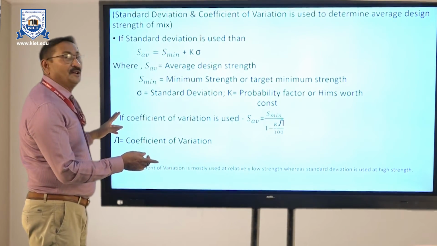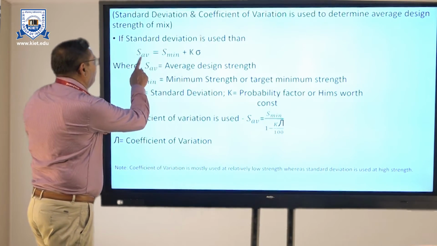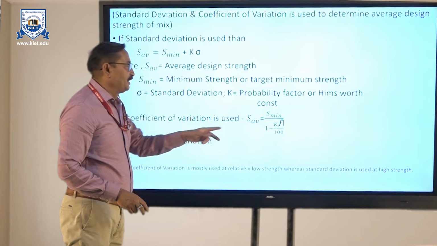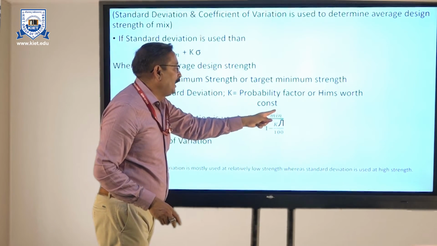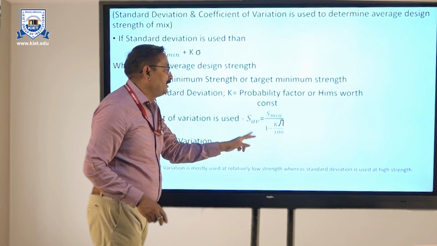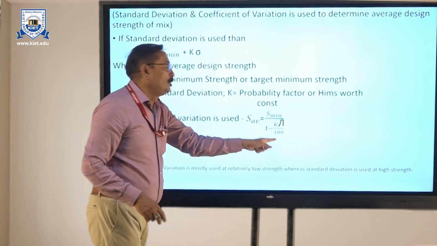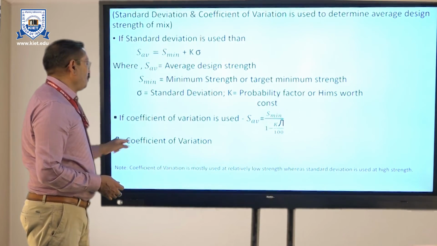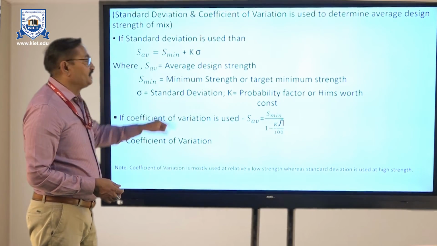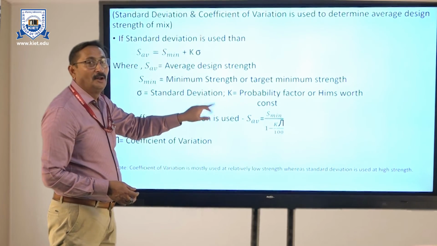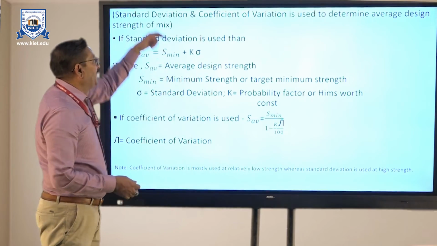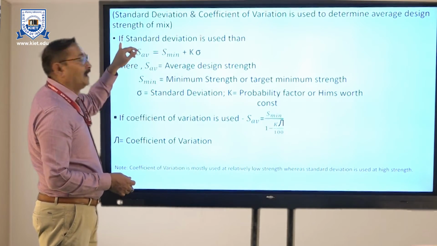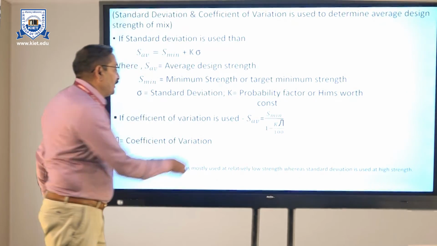If you are using coefficient of variation instead of standard deviation, in this condition S average is equal to S minimum divided by 1 minus K nu by 100. Now nu is equal to coefficient of variation, since in this method we have used the coefficient of variation, and in the other method we used standard deviation to calculate the average minimum strength.